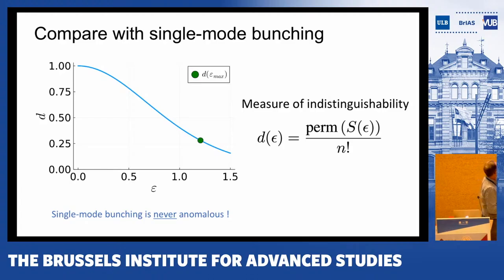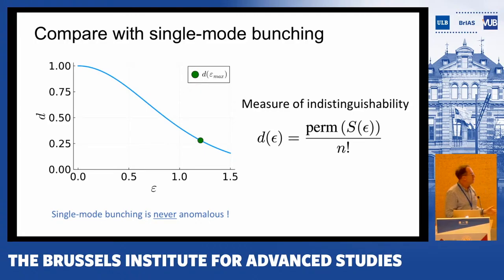Therefore, we know for a fact that the single mode output bunching probability can only go down. This is how it looks for the same scheme. You see that in this same scheme, if you look at the single mode bunching probability, it goes down, and it can only go down. So all this to say that anomalous bunching can only happen if you consider at least two-mode bunching or more.